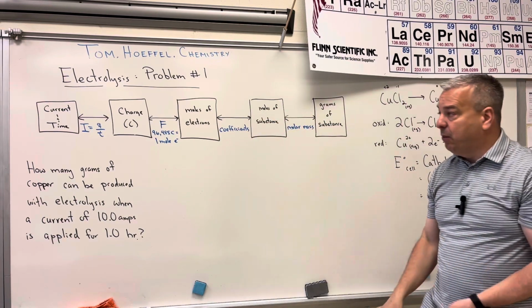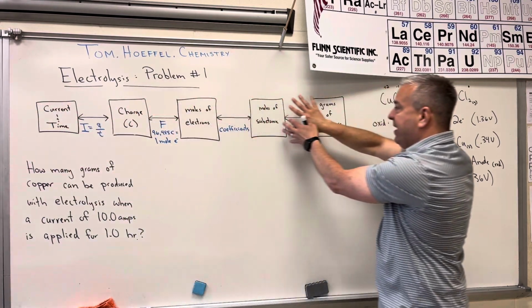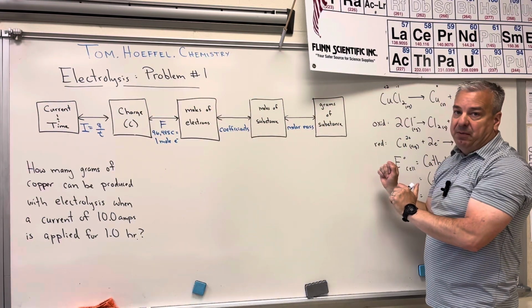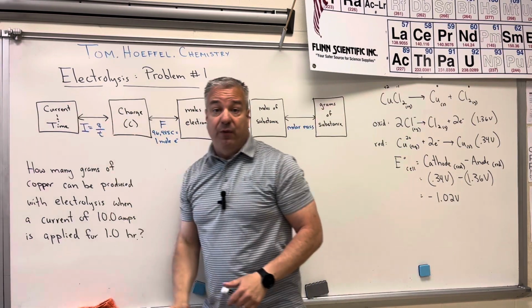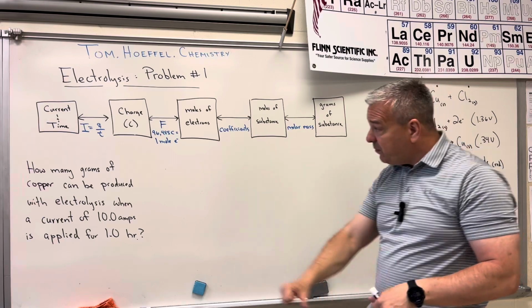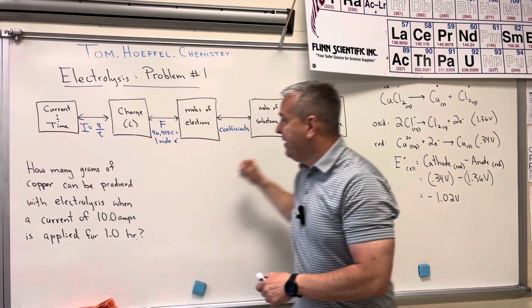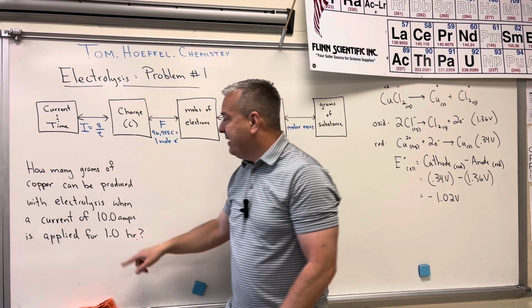I'm going to use the conversion factors that I have in blue to move from one box to the other. For problem number 1, we're going to start on this side and work our way in this direction. For problem number 2, we're going to start over here and work in the reverse order of what we're doing in problem number 1. So in problem number 1, we're starting here and we're going to end up here. What I have is current and time.